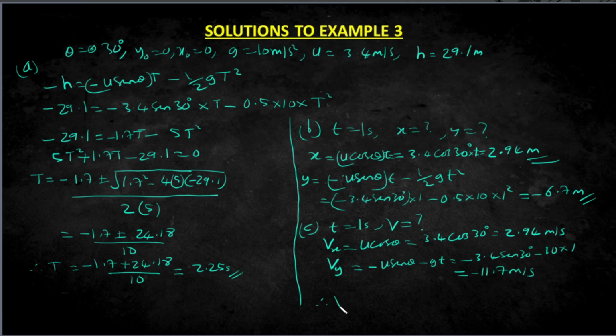So therefore, velocity at 1 second is going to be the square root of Vx square plus Vy square. Vx is 2.94 square. Vy is minus 11.7 square. Multiply and square it, and then you add and take the square root. You are going to have 12.1 meter per second.